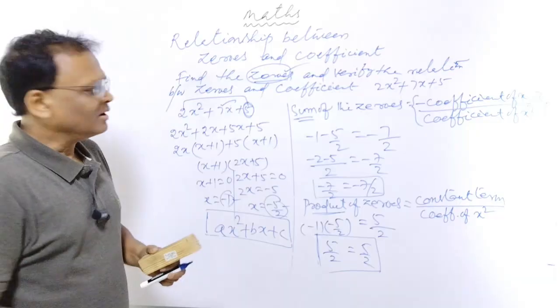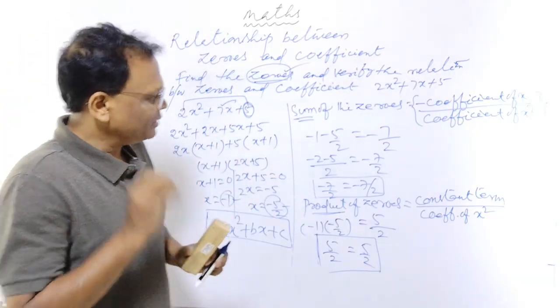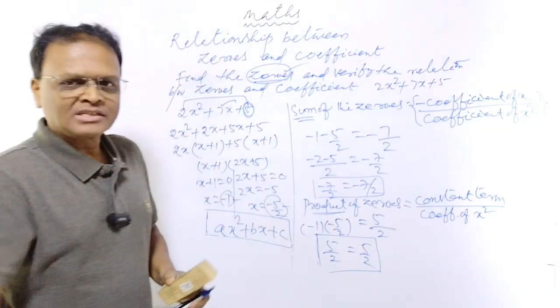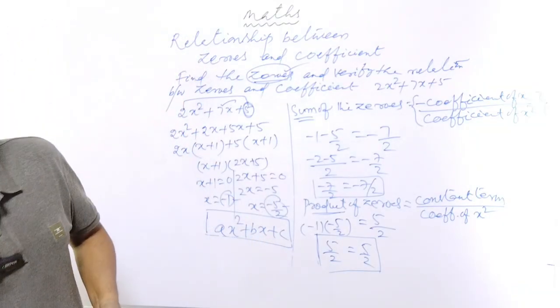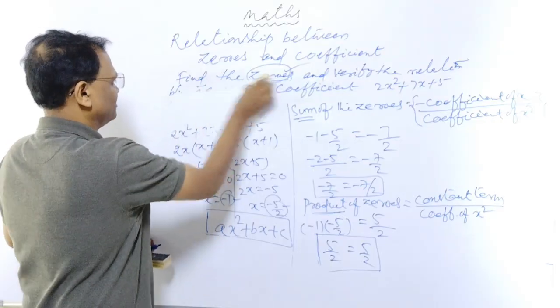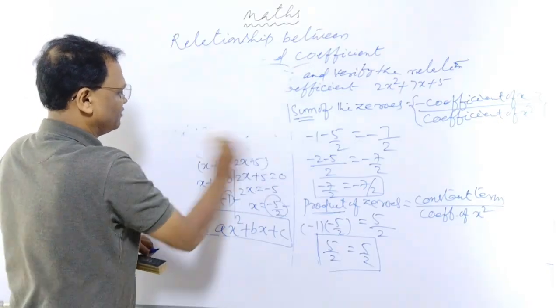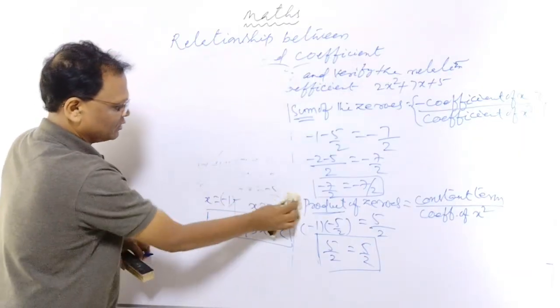Now one more question I will do, so that this will be fully clear. Maybe you are having a few doubts. If I do the next question, definitely your concept will be clear. Now let me take one more example for finding the zeros and verifying the relation between the zeros and coefficients.